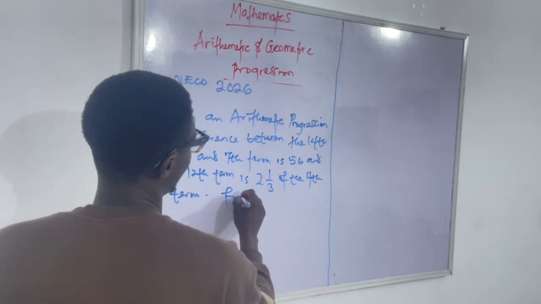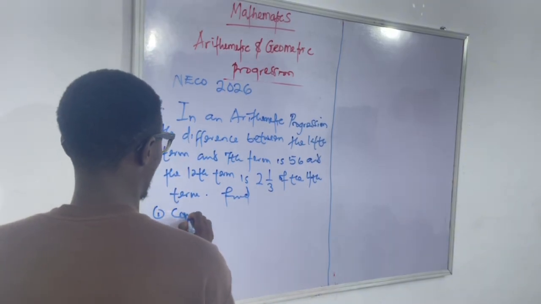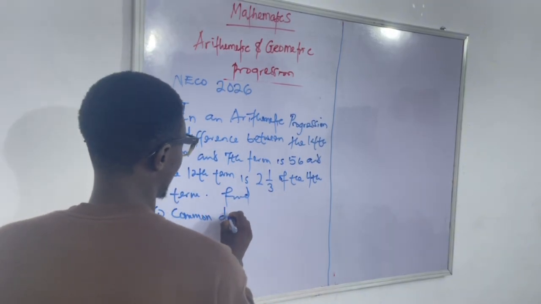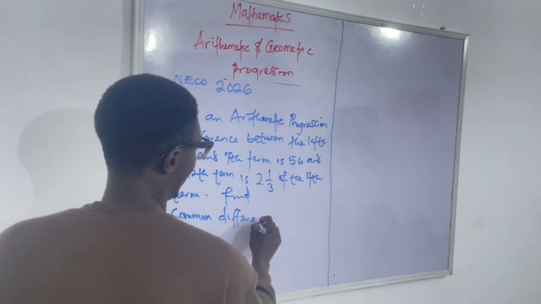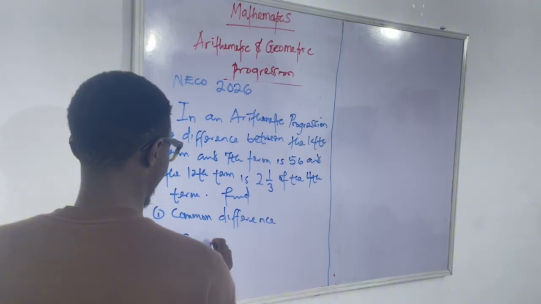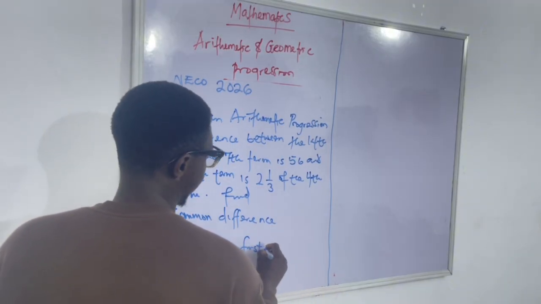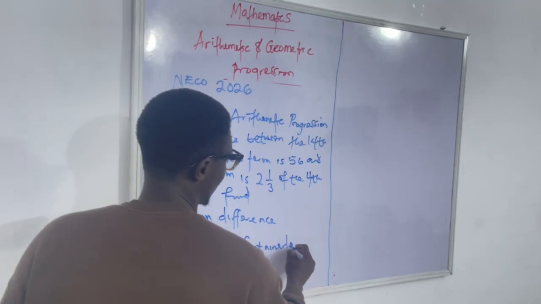He said find the common difference, and 2 we said to find the sum of the first 9 terms.